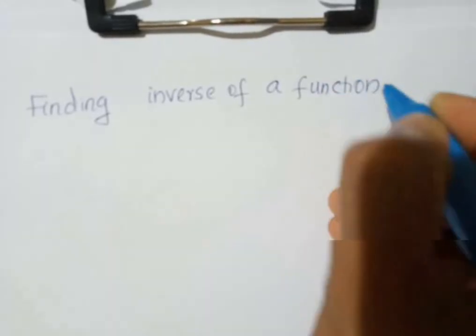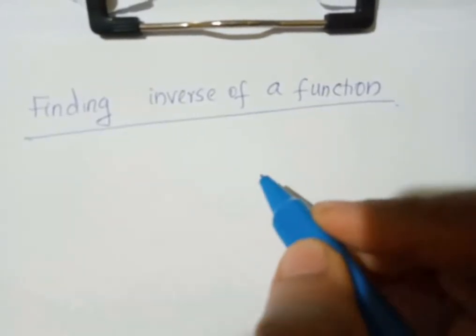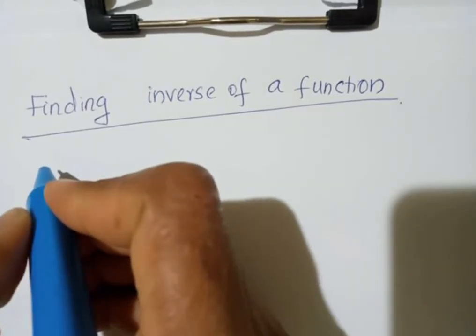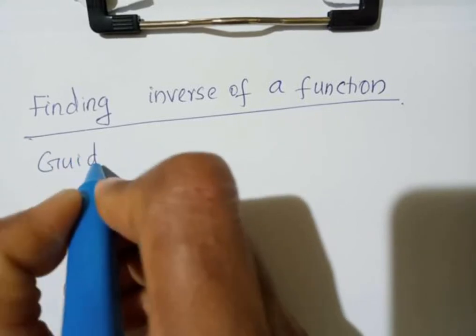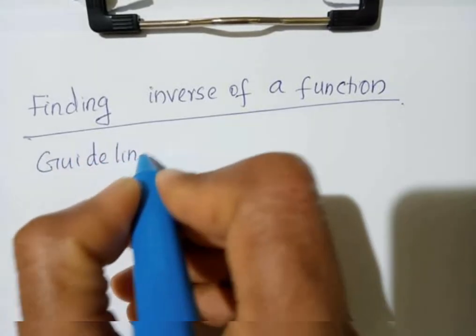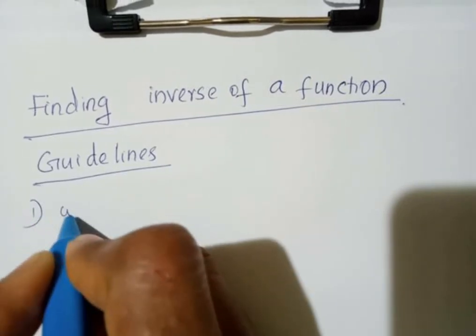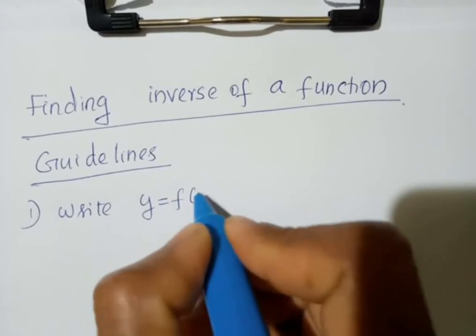To find the inverse of a function, we have to follow three guidelines. First guideline is write y equal to f of x.